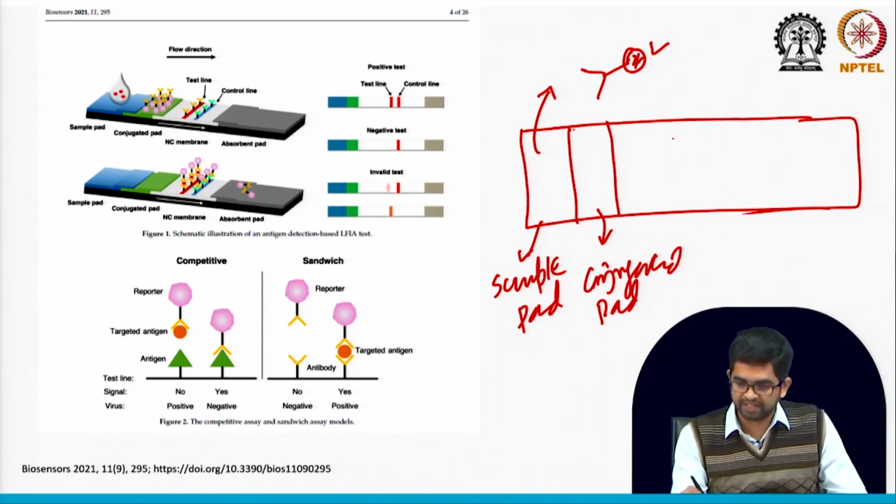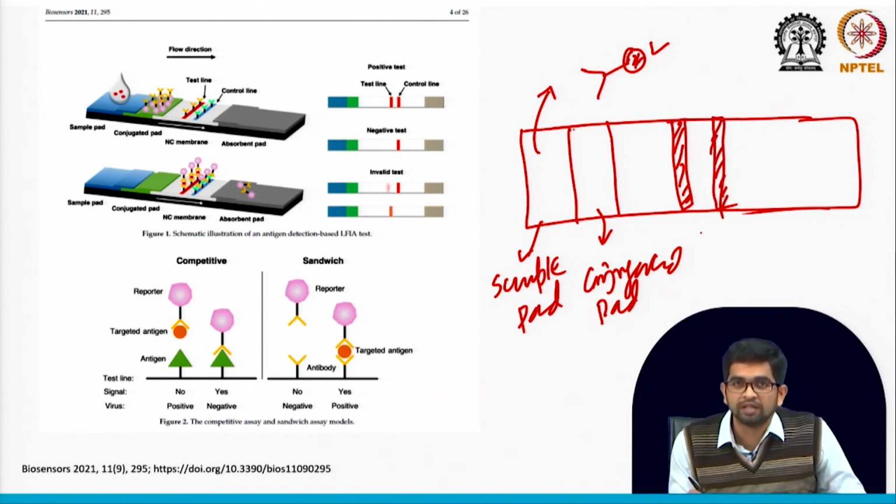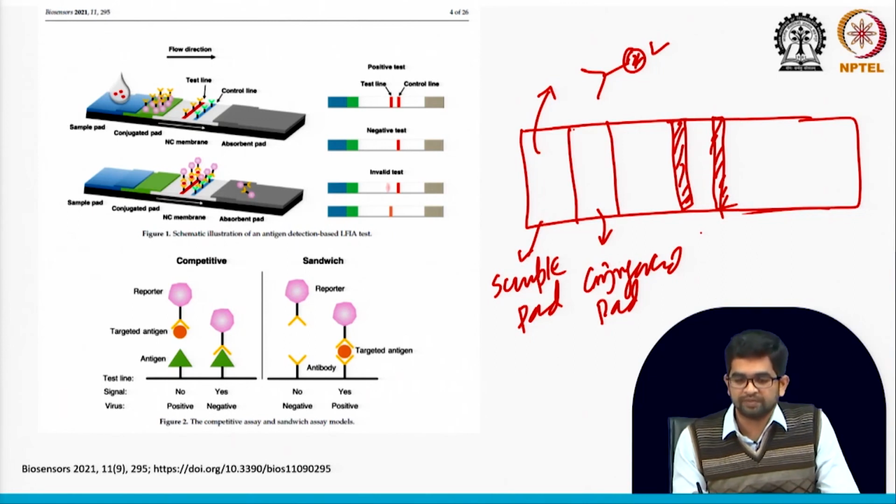One is called the test region or test line. Here is the test line and another is the control line. In the case of the lateral flow assay, we will see a change of color, so this is a colorimetric based biosensor.